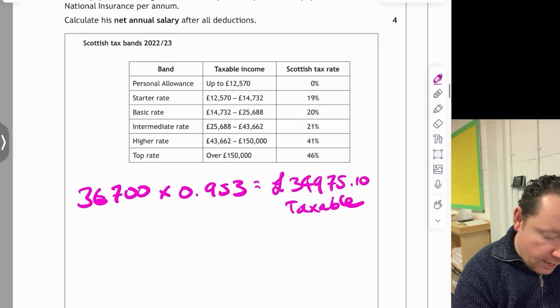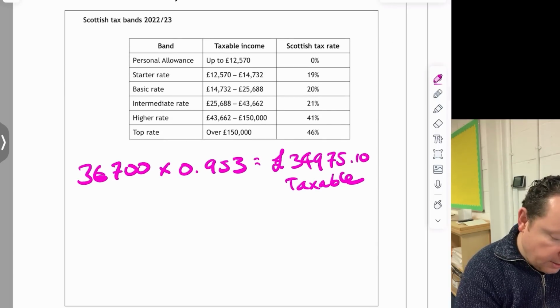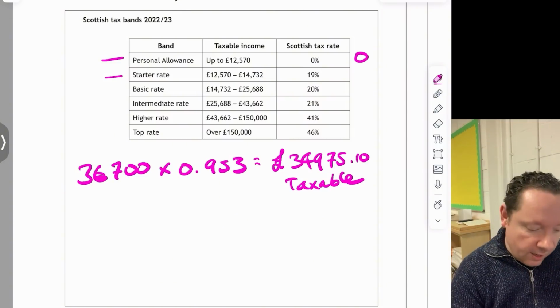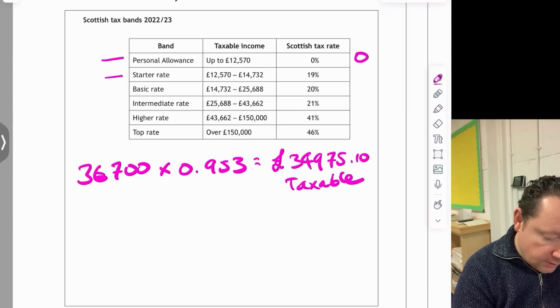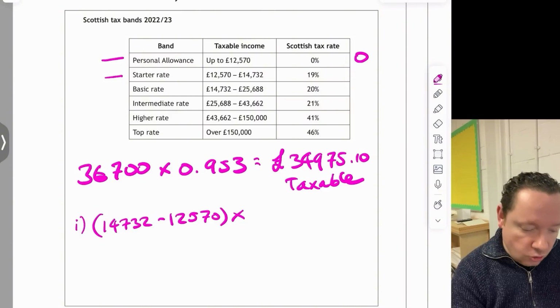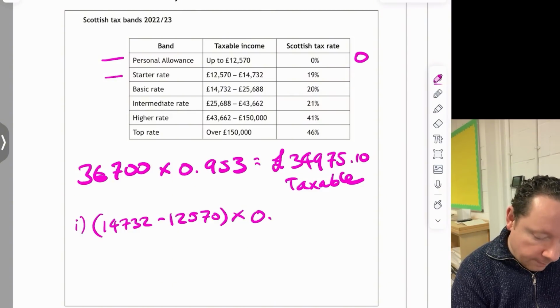So we'll just do it line by line. So first line, we pay £0. Second line, well, his wages are way above that. So for the second line, I'll just put a little dot, 14,732 minus 12,570, because that's the two bands, times the percent as a decimal, 19%, 19 divided by 100, 0.19.